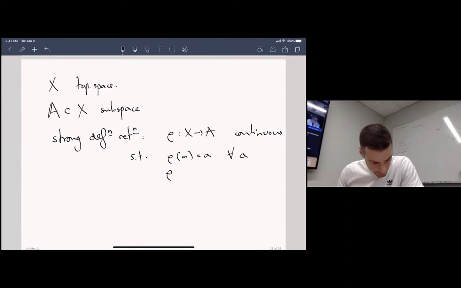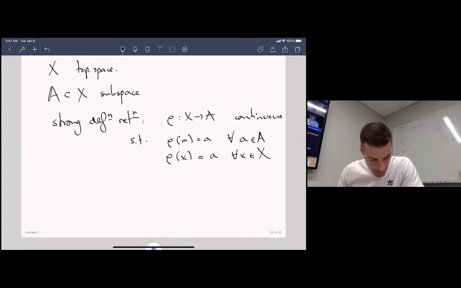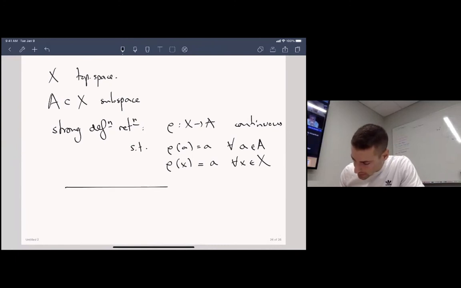So this doesn't move, but the point being that I'm retracting something onto something else.